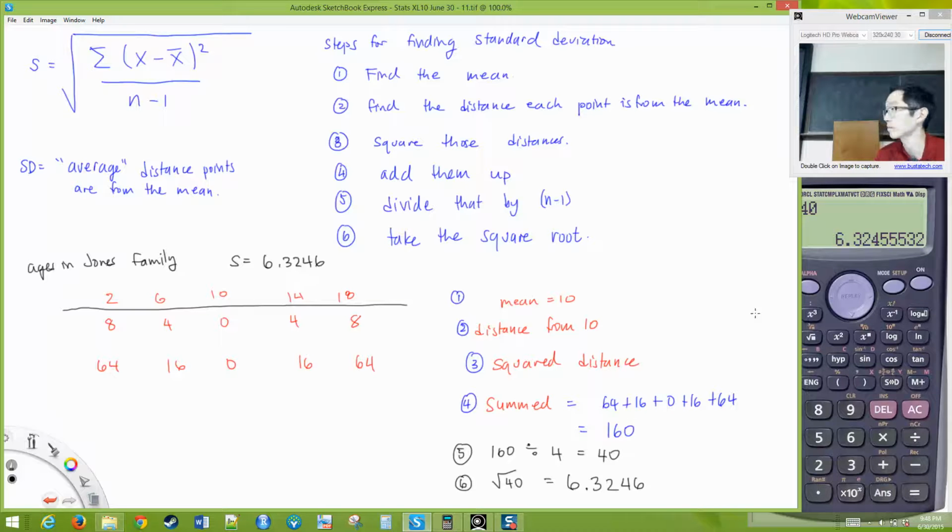Okay, and so the standard deviation of the Jones family is 6.3246.